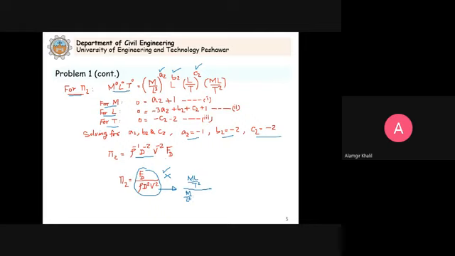Then we have D square, so D is L and then you have L square. And then you have V square, so it is L square divided by T square. So you can see here this T square cancels T square, M cancels M, this L square cancels, and this L will cancel this L. So no dimensions. This will be a check on your calculations whether you made any mistake here or not.